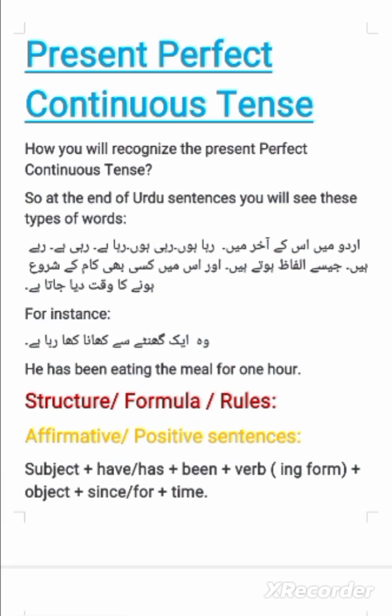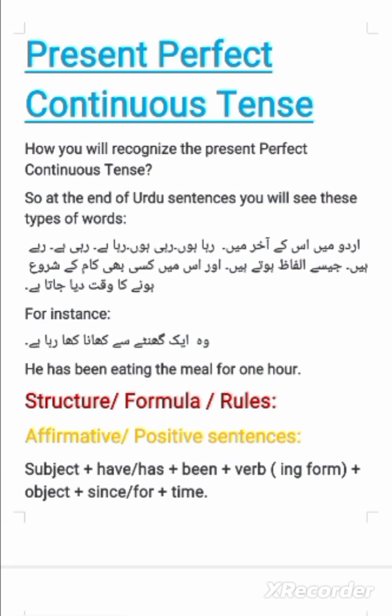So what is the identification of this tense? All right, so this is the same as the present continuous tense, but here's a little bit of difference, because in the present perfect continuous tense, you will see there will be the time. Okay, in every sentence, whenever you see any Urdu sentences, you will see that there will be definite time.